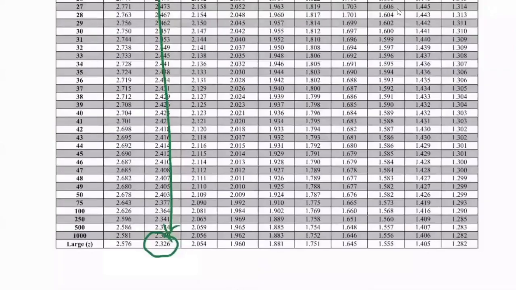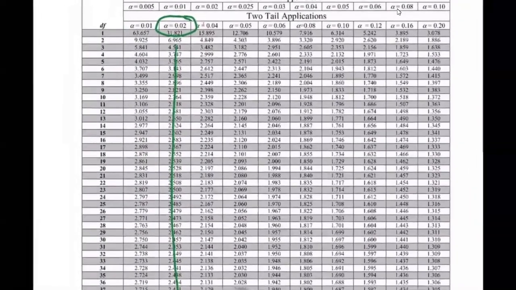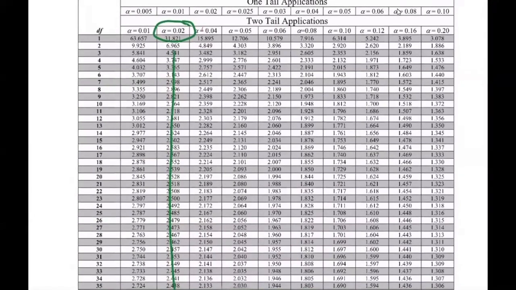Here's table A2. Going to 34 degrees of freedom, way down here at the bottom, and make my mark with that. So 34 degrees of freedom, 0.04, 2 tails. This guy, I hope.